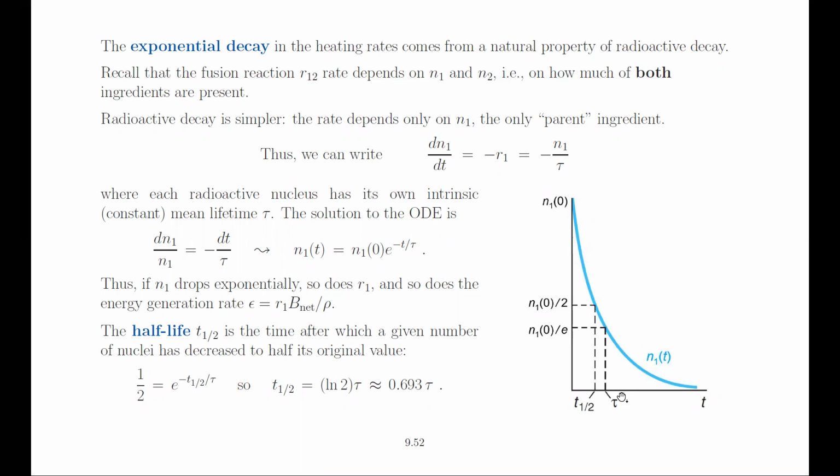The half-life is related to this tau, because let's just remember what the tau is. The tau is the number in this denominator here. When t equals tau, when you've gone from your initial state to this point, the exponent is minus t over tau.